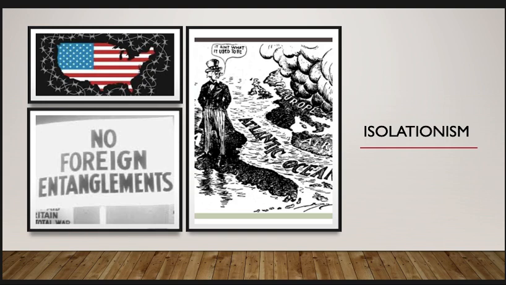We were completely isolated politically. But commercially, when it came to trade and selling our stuff, our steel, our coal, our timber, very much globally connected. So, the 1890s brings out a rejection of isolationism.